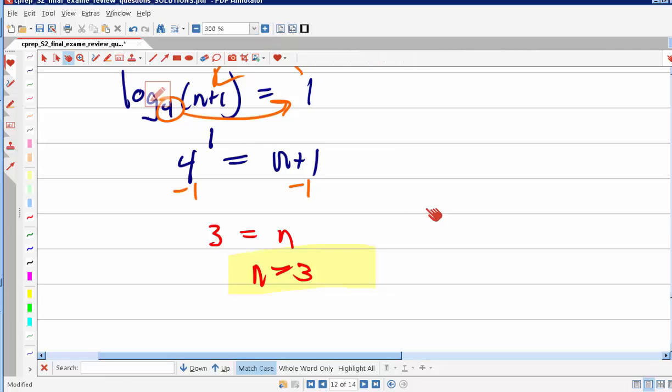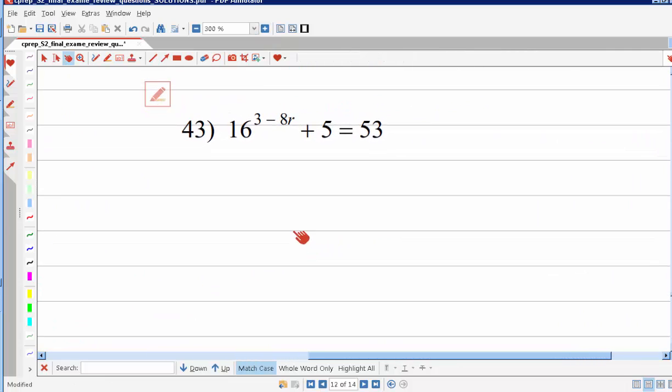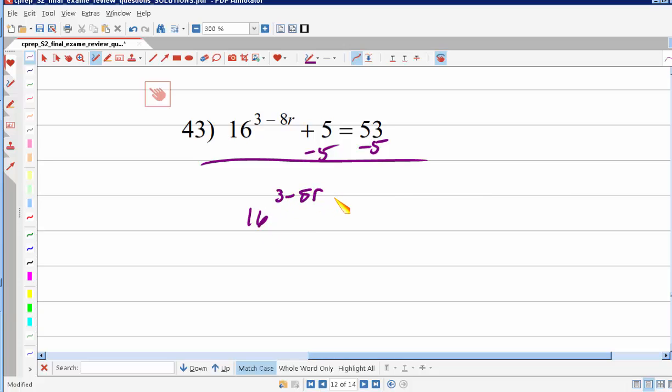Okay, let's see, where are we? Okay, so here's a similar one. I'm going to subtract 5. And you get 16 to the 3 minus 8r equals 48. Then I'm going to do log base 16 of both sides.